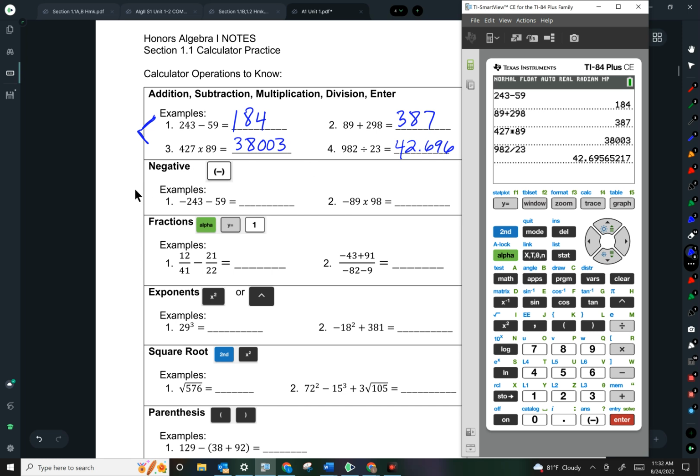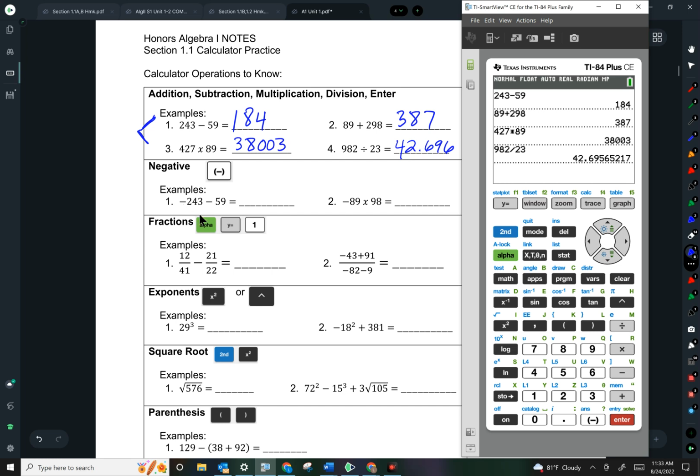Okay, so now let's talk about using a negative sign. Notice on this first example, that sign out in front of the 243 is a negative sign, but the one in the middle here is a minus sign. And really, we just know this from the context of the problem. If it's between two numbers like this, it's going to be a minus. If it's out in front of just one of the numbers, it's going to be a negative.